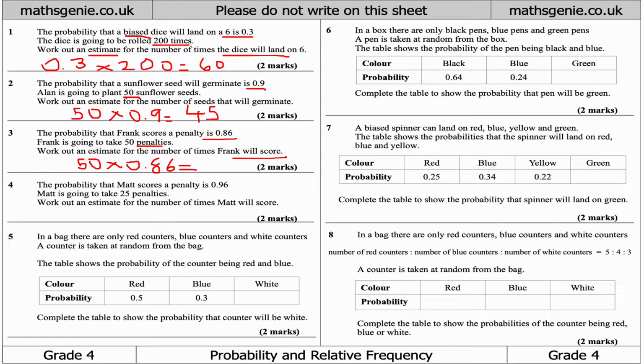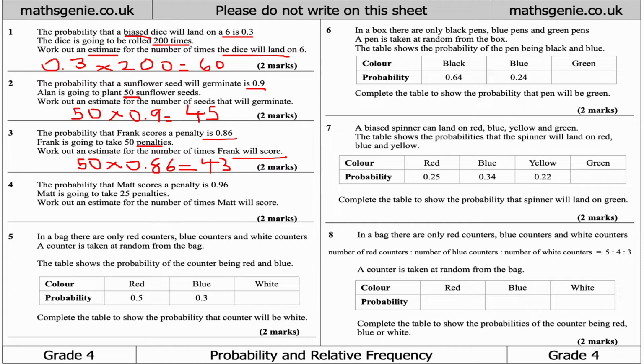If I multiply it by 100 and then halve my answer, I'm going to get 43. Because 0.86 times 100 is 86, and then divided by 2, I get 43. So that's a little trick by multiplying by 50: you times by 100 and then you divide by 2.